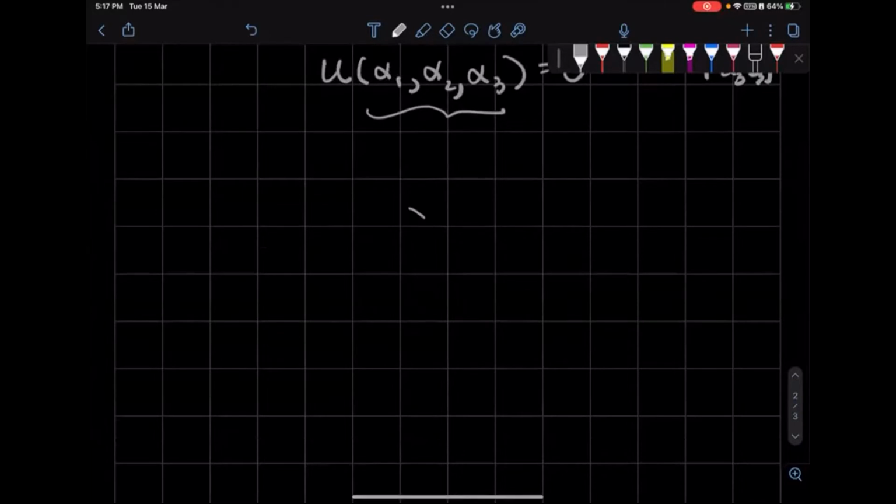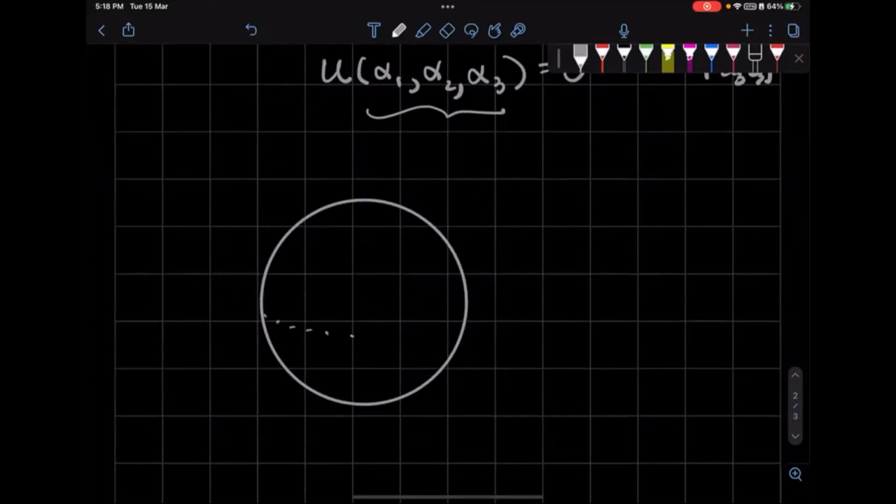We know that from the definition of SU2, the coordinates of SU2 take values in a three-dimensional sphere. So at a point on a three-dimensional sphere, if you look at the intrinsic coordinates, there are three numbers. And we are choosing those three numbers to be alpha 1, alpha 2, alpha 3.